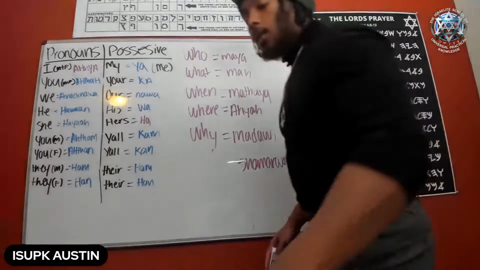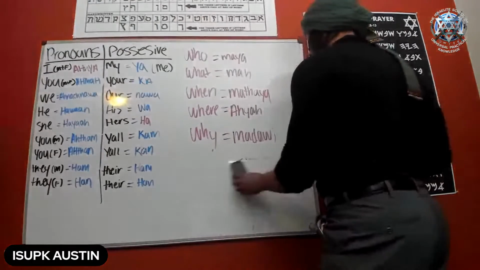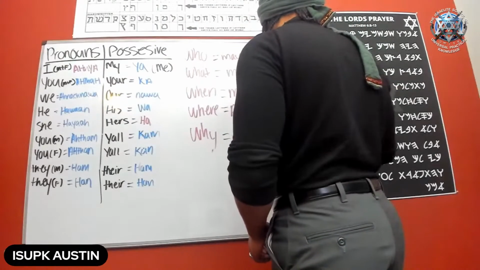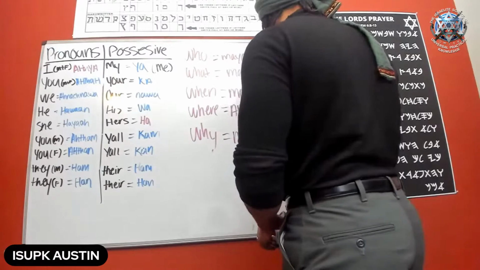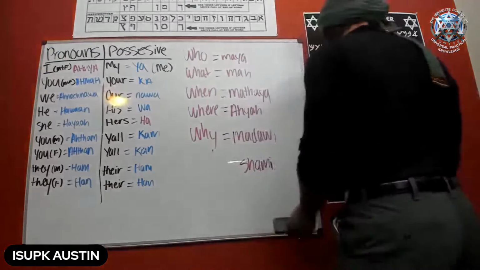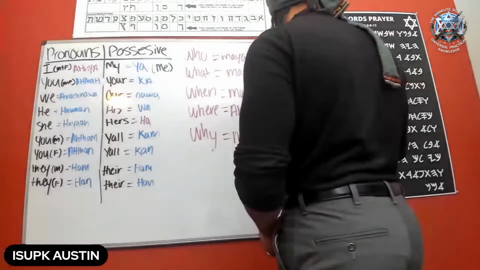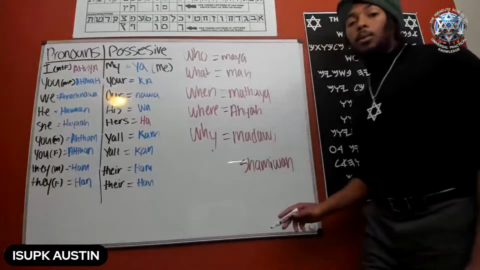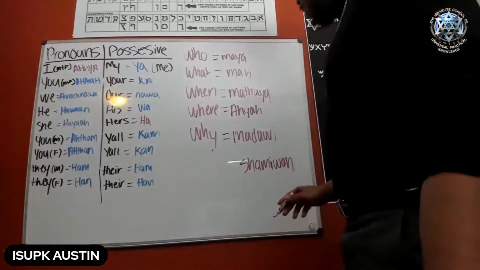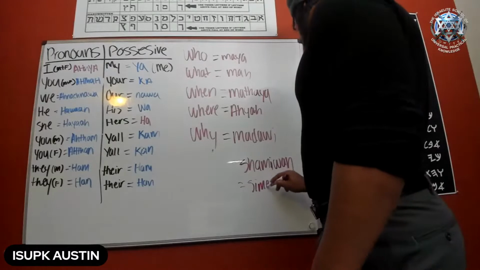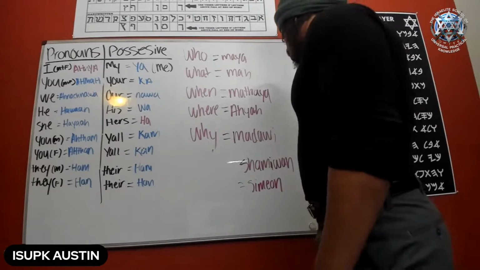Or for example, Shemai, which means here. Shemai wan. And who is Shemai wan? Shemai wan is the name of the tribe. It is Simeon.